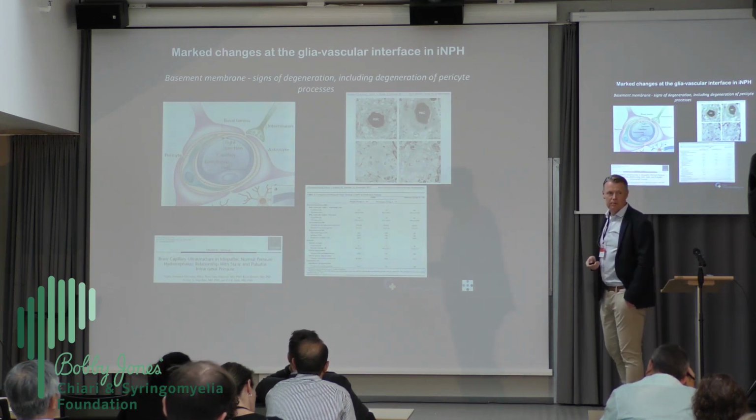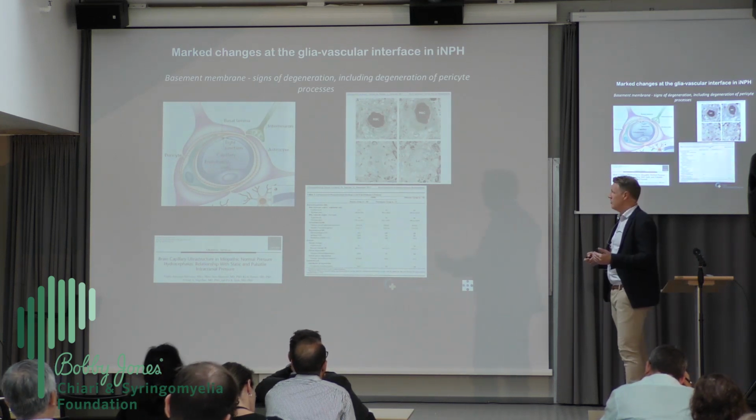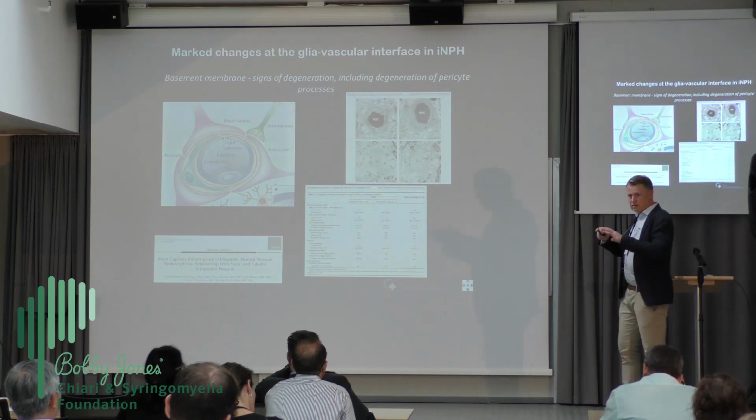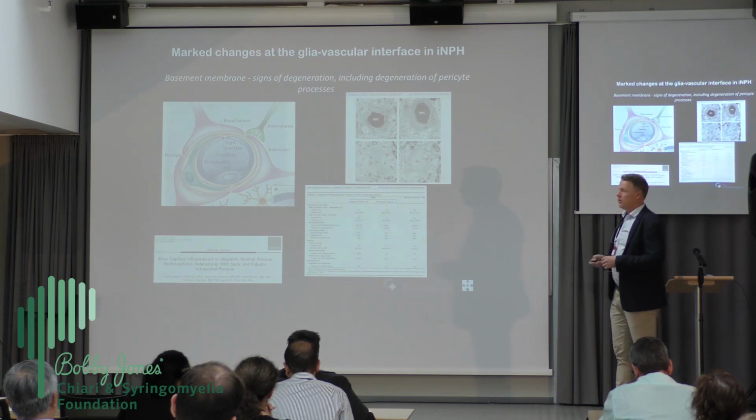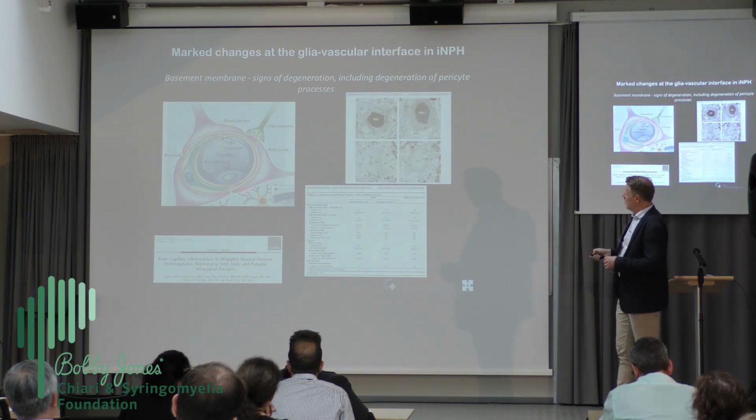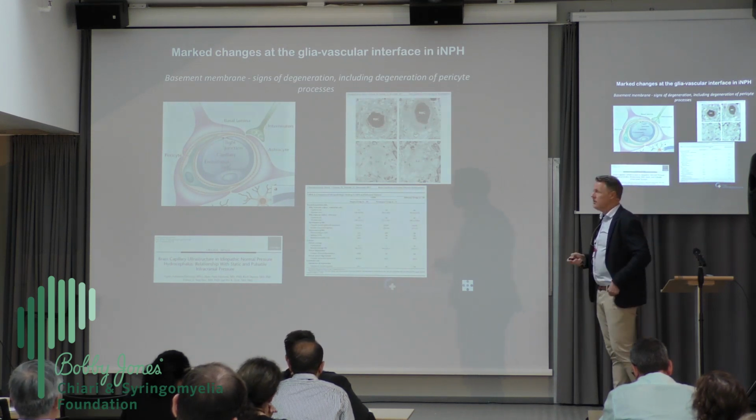And we also have looked at the anatomy of the basement membrane, and what we see is degeneration of this basement membrane in iNPH patients, and also changes in the pericytes that are important for the integrity of what is also called the neurovascular unit.